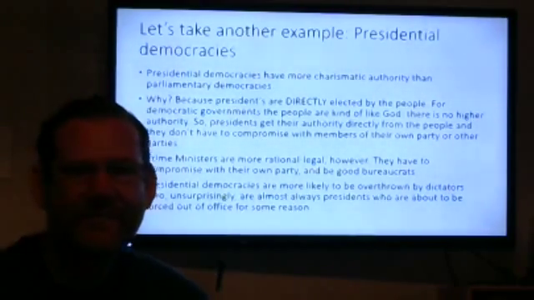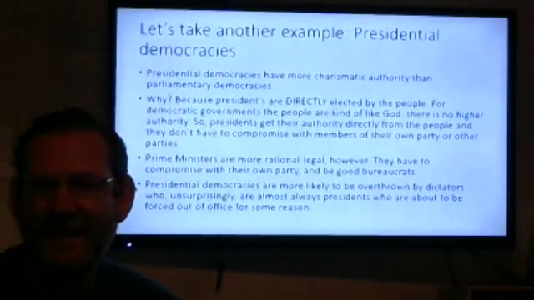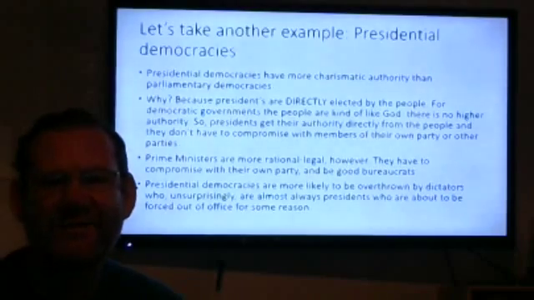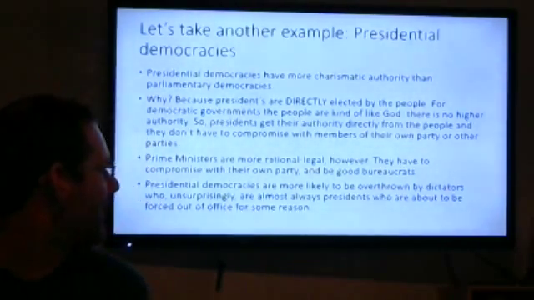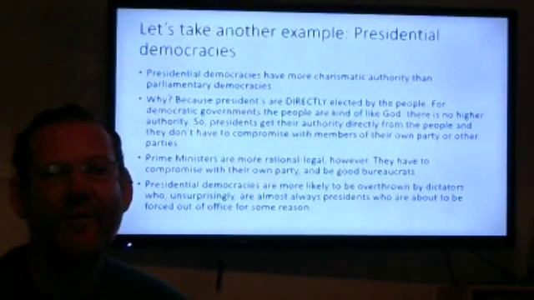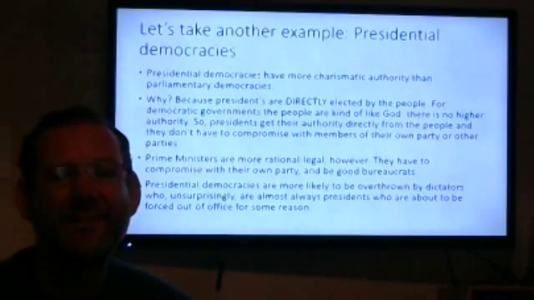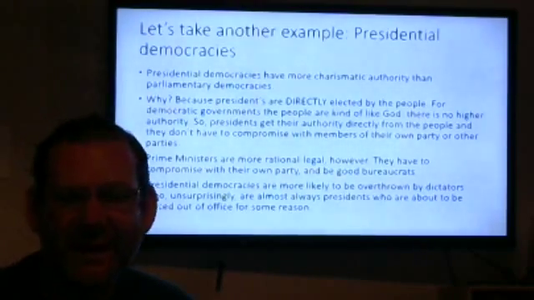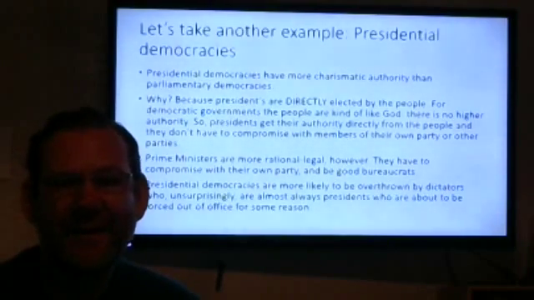Prime ministers and parliamentary systems of democratic governance tend to have a little bit more rational legal legitimacy. Why? Well, prime ministers only become prime ministers because they get voted on by members of their own party, which means they have to be nice, good party players.